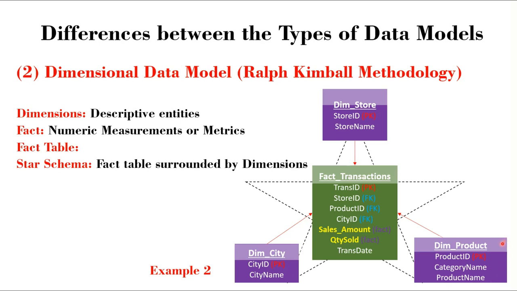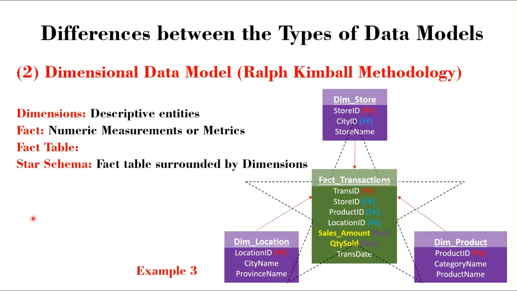So as you can see here under the product table, I have product category and product name. Also, if the company extends to other provinces, instead of creating a separate table for province, we can easily change our city table to a location table and include our province name under the same table.